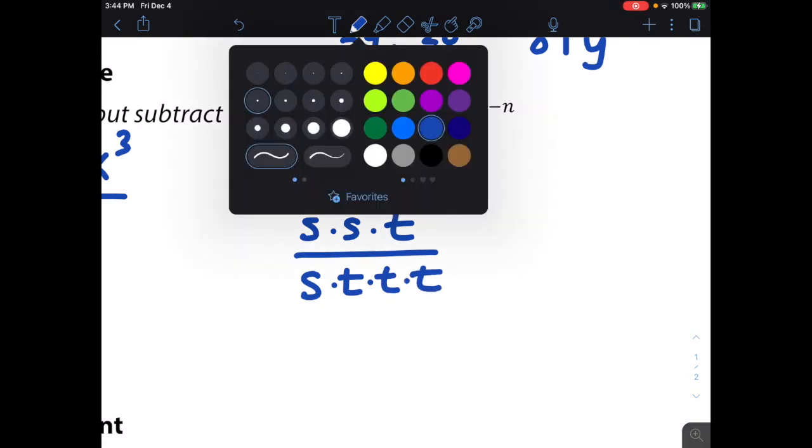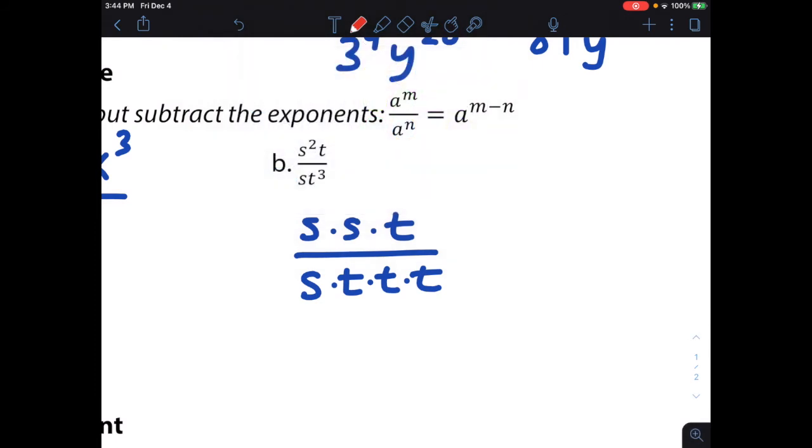And if we do the same thing where we do our canceling, we're going to cancel one s in the top, one in the bottom. So essentially what we did is we subtracted 1 from the exponent in the top, because we now have s to the 1 in the numerator, right? And then we're going to do the same thing with the t's, except we cancel 1 in the top and 1 in the bottom.